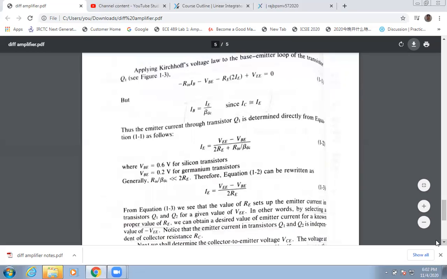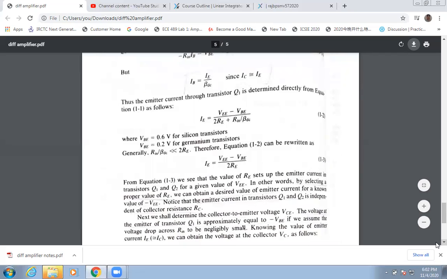Notice that the emitter current in transistor Q1 and Q2 is independent of collector resistor RC. Now we shall determine the collector to emitter voltage VCE.